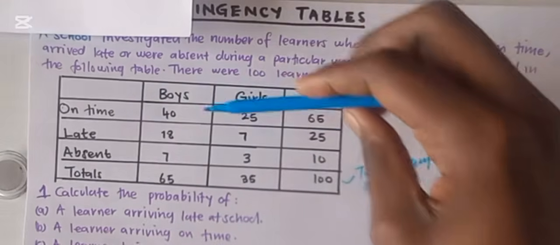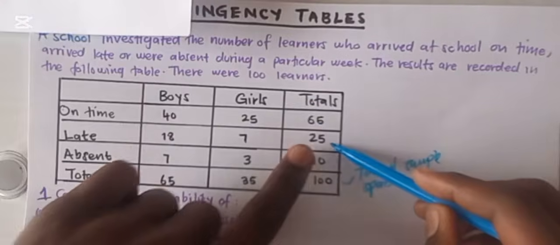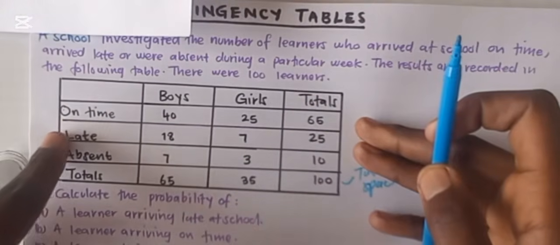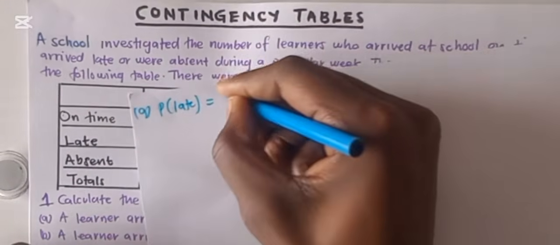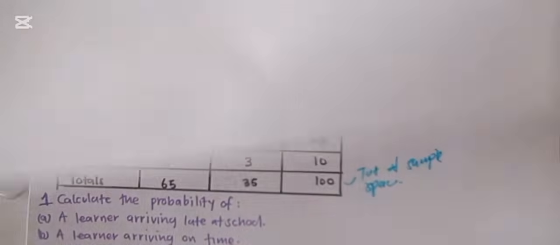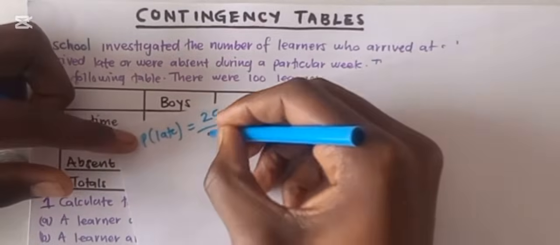So for the late, how many? It's 25. The line that is here shows us the total. So the total people that are late is 25, divided by the total number of the sample space, which is 100.